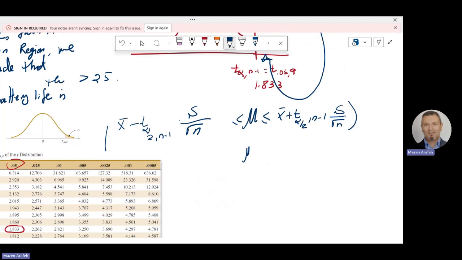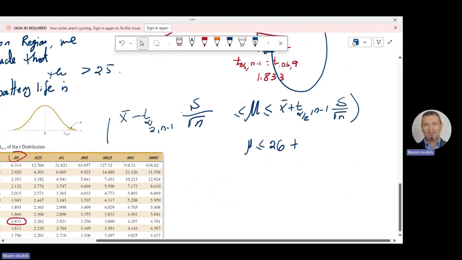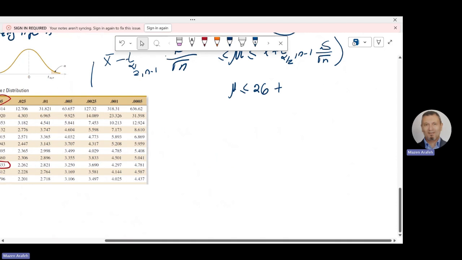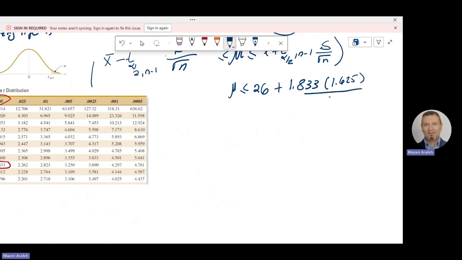So x bar is 26, the average from the sample. For t alpha over 2, since this is a 90% confidence interval, alpha over 2 will be 0.05, so I'm going to use the same value here. This is 1.833 times the sample standard deviation, 1.625, divided by square root of n, which is square root of 10.